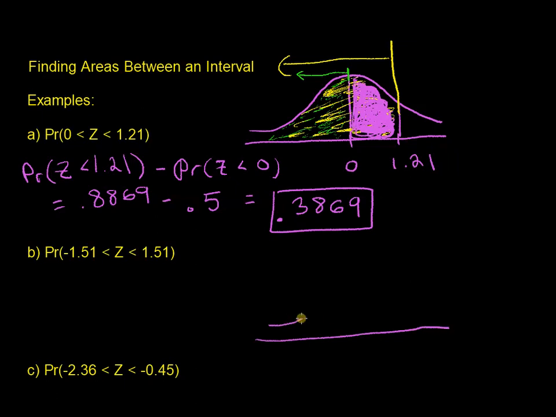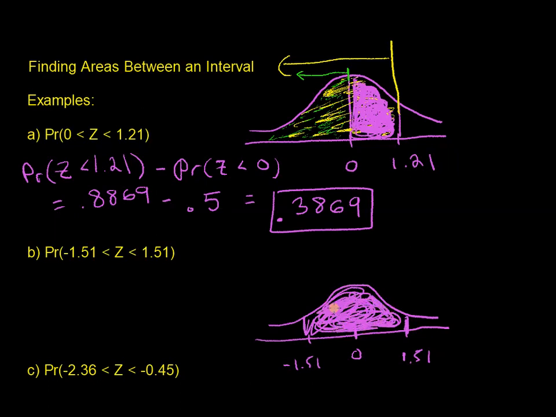Say now we're trying to find the probability that z is between, so here's 0. Oops, that's not a good location for 0. 0 is more like right there. Okay, and then here is negative 1.51, and 1.51. I'm trying to find this area between. Okay, so I'm going to use the same trick.